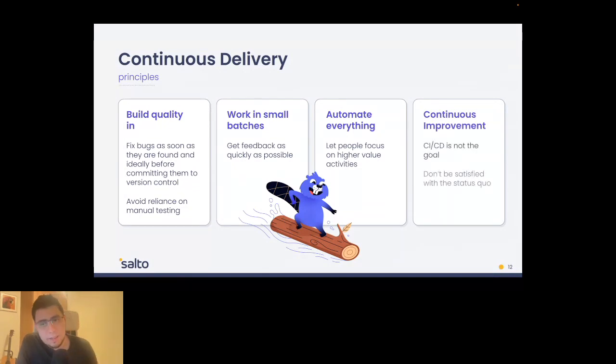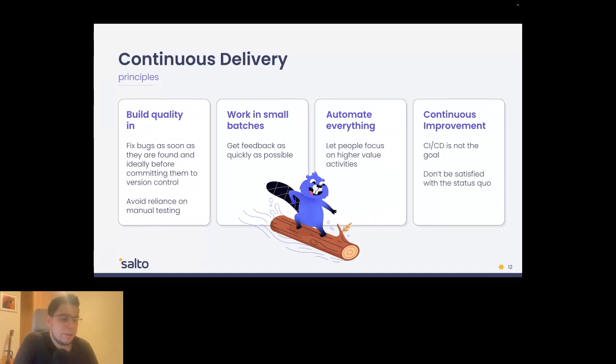Finally, there's an element of continuous improvement. And what that means is, as I said, continuous delivery is not a project. It's not something that you are done with and then you say, okay, I did continuous delivery, now I do something else. It's really a practice, and there's an element of always questioning yourself, can I be doing things better?